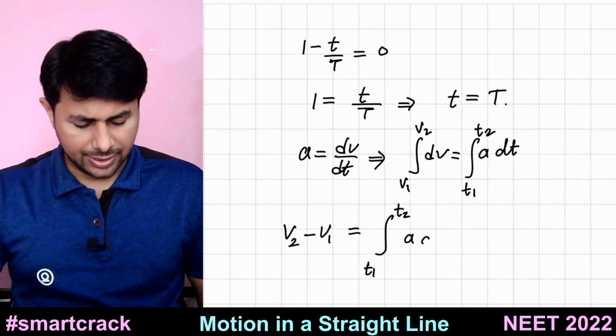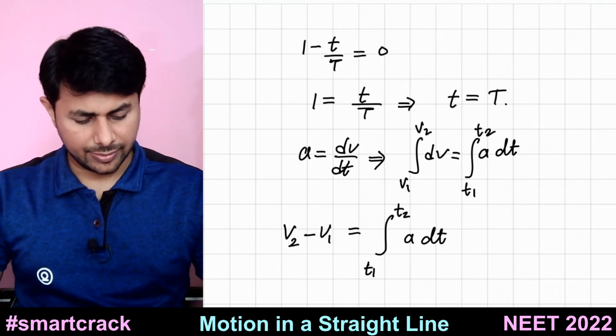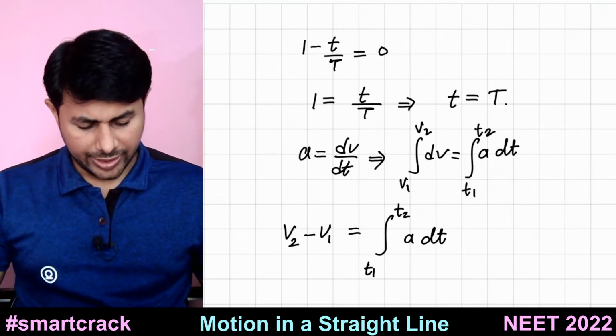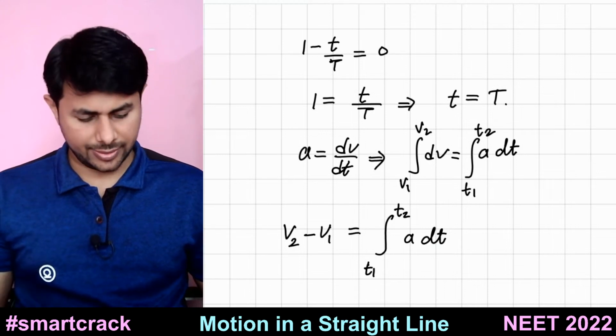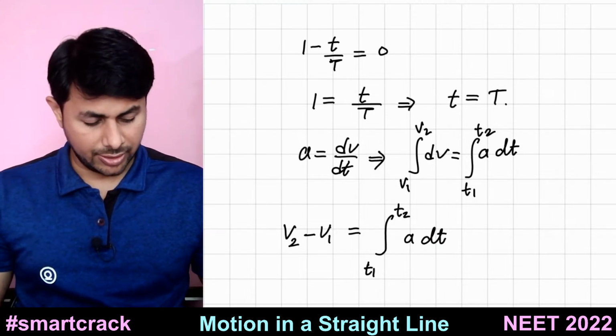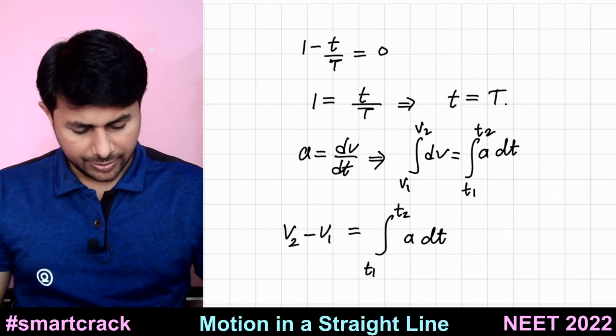of a dt. Then we can substitute the formula for a given in the question. What is that formula?